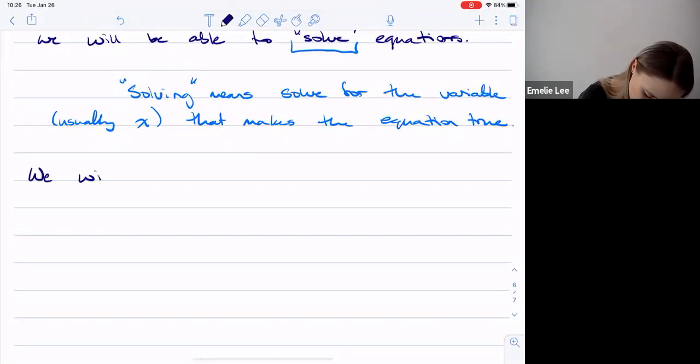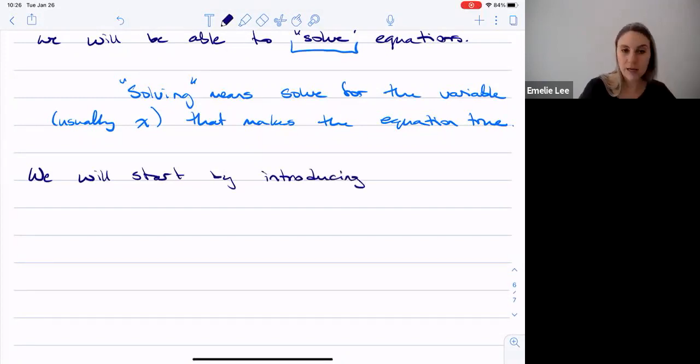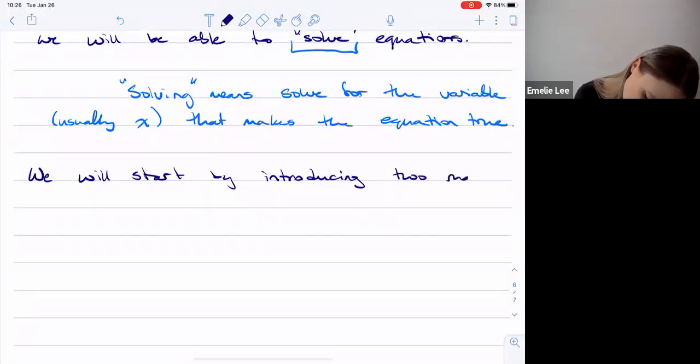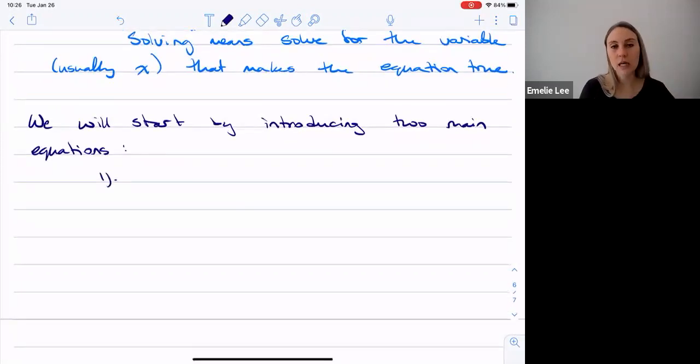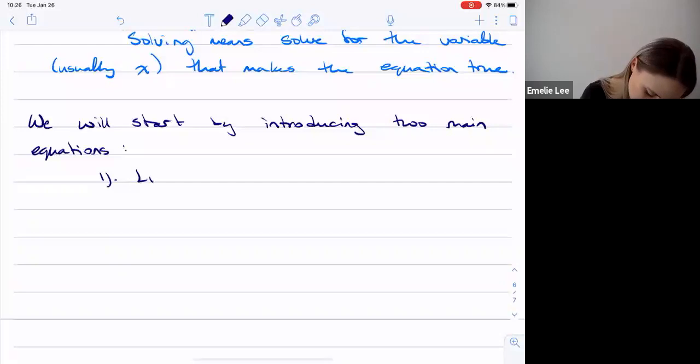So we will start by introducing two main equations. The first one is a linear equation.